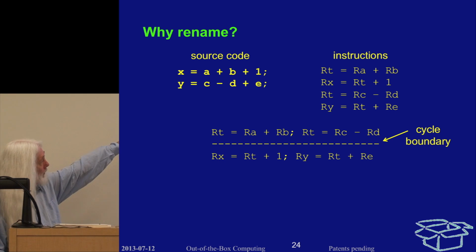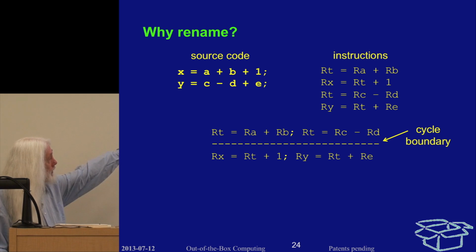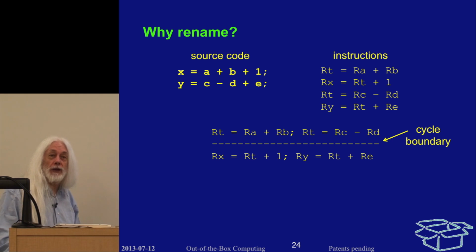Except for one slight problem. You notice that above the dotted line, which is the cycle boundary, we are assigning twice to RT. Oops. When RT is referenced in the second line, which value does it get? Or perhaps some bit merge of the two values.